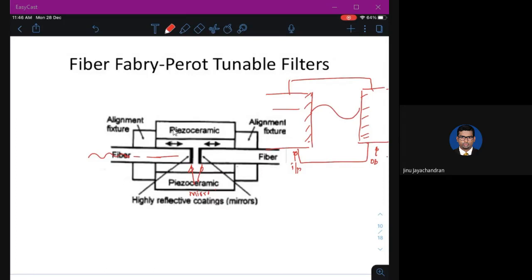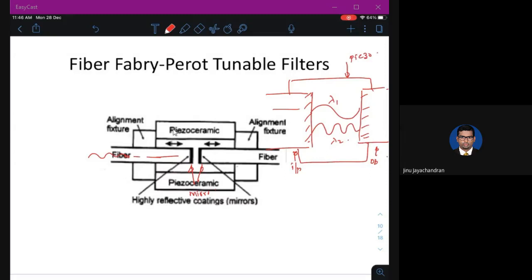And then because of this wavelength, you have extracted. Now it should be tunable. That means I should adjust some parameters so that I can extract some other wavelength, let's say lambda 2. Now, how will I do that? So what you do is you will apply pressure on this piezo ceramic crystal.